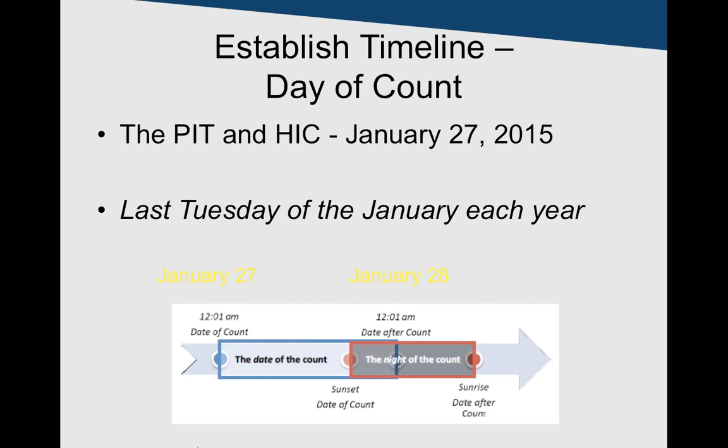As mentioned earlier, Ohio has designated January 27th of 2015 as Ohio's point-in-time and housing inventory count date. Ohio encourages all COCs and local communities to count and decrease the risk of duplication across the state.